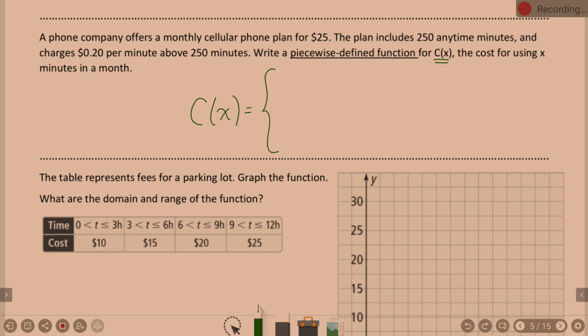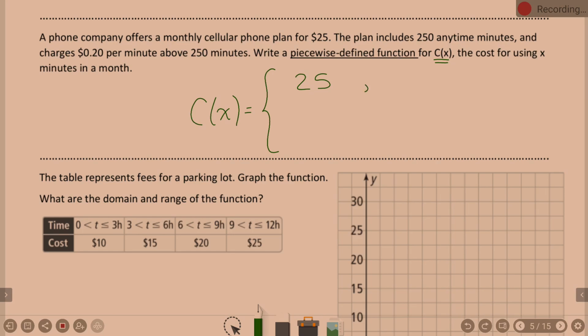What's a cost you could pay for that phone? Basic. What could be your monthly cost? 25. Could you just pay $25? Yes. So one of my options here is that I could just pay $25. On what interval?